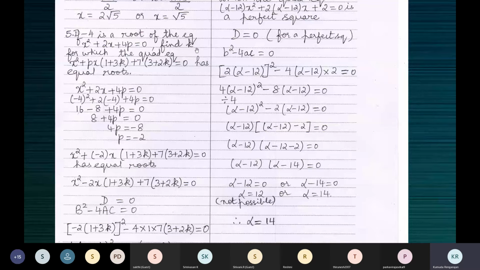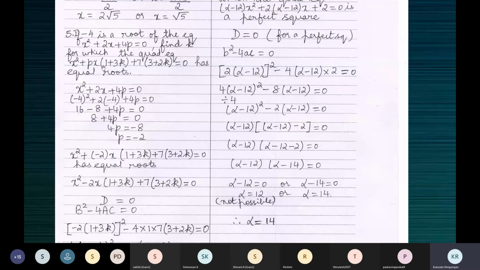Then what? You must find k. They are not asking you to find p, but we'll find p because that's useful for us. Find k for which the second quadratic equation has equal roots, not the first one. And in the second quadratic equation, can you see the same letter p?